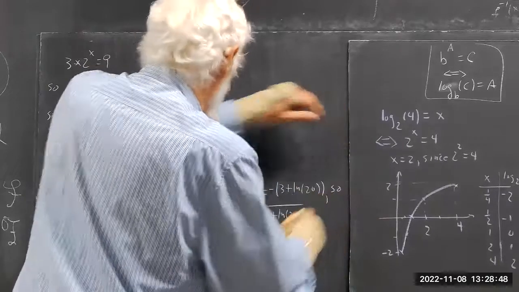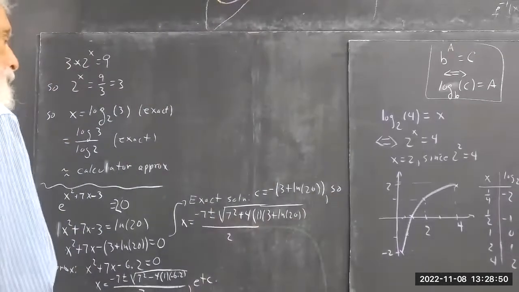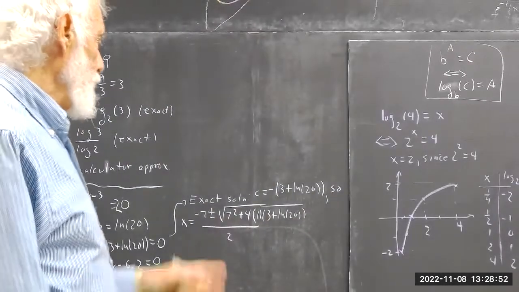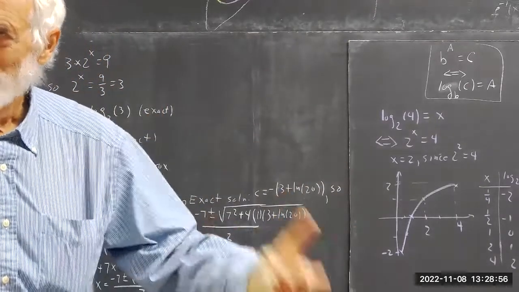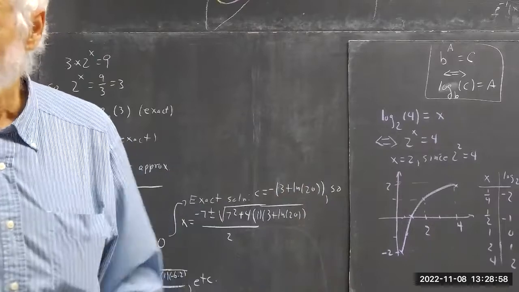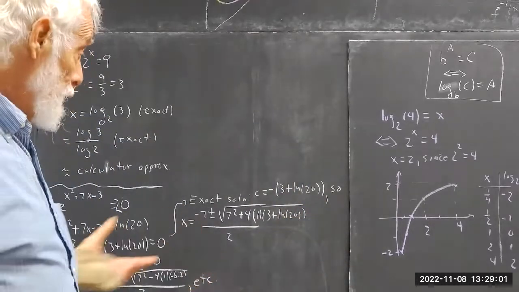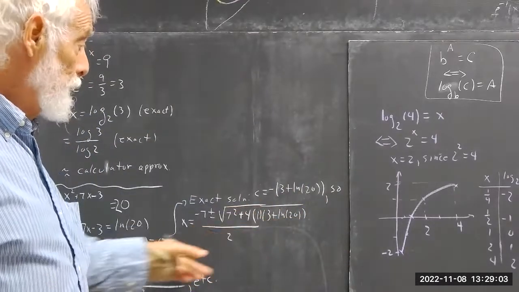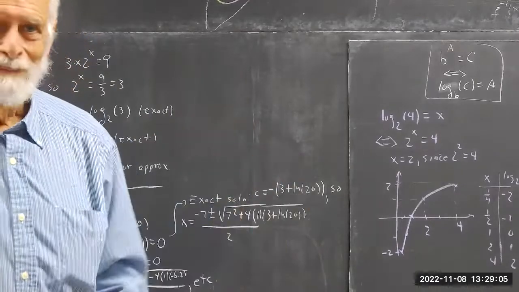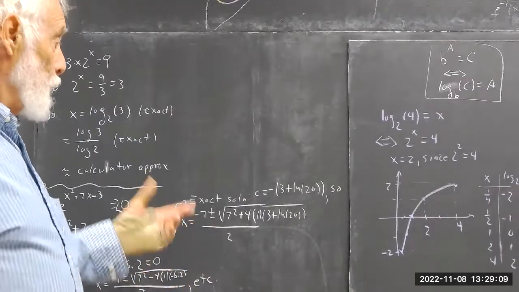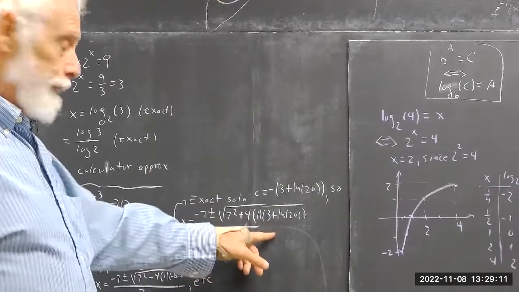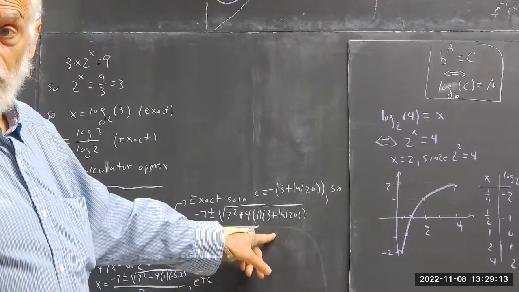So x is going to be this. And then if you're reporting this to somebody else, you're not likely to be engineers, so you're not going to be reporting this to your supervisor. But if you were, you'd say, here it is, there's your exact solution, just approximate it.